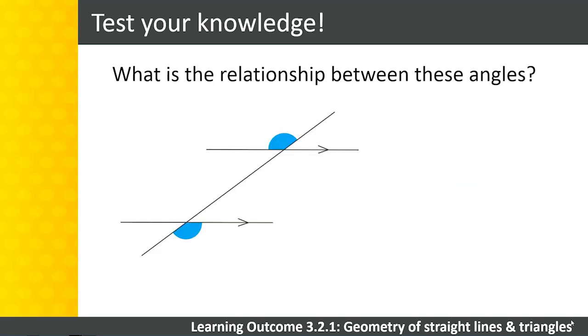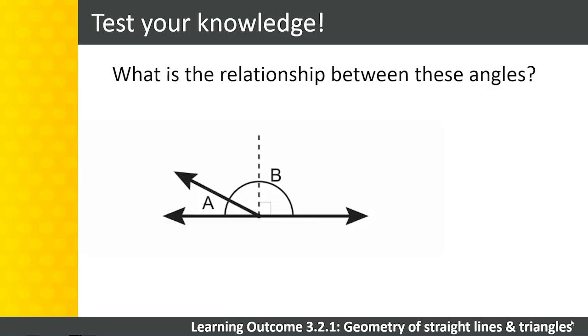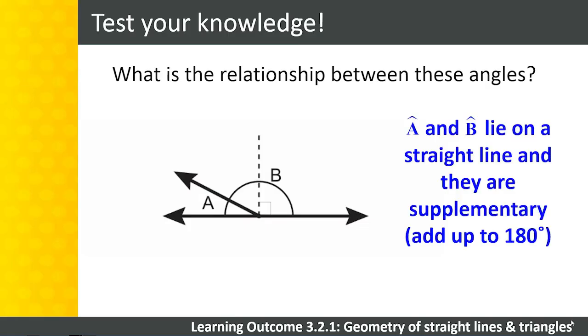What is the relationship between these angles? Alternate exterior angles are equal. What is the relationship between these angles? Angles A and B lie on a straight line and they are supplementary.